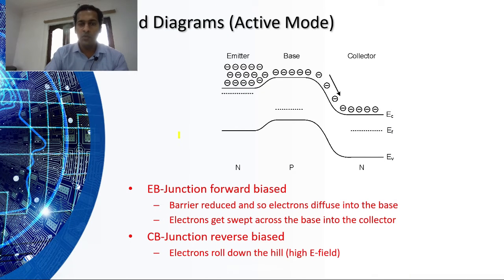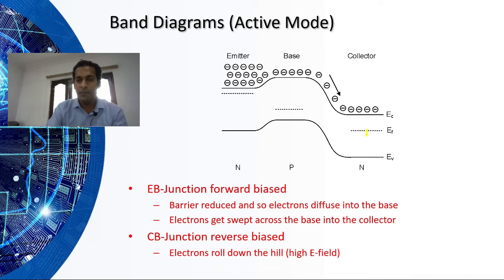So if it is in active mode, you can see this is the Fermi level here. In the emitter N side, it is near the conduction band. For the P side, it is near the valence band, and again in the collector, it is near the conduction band.